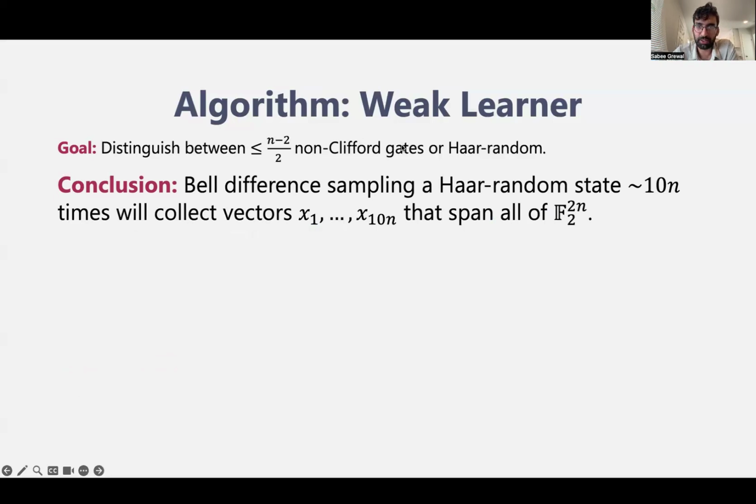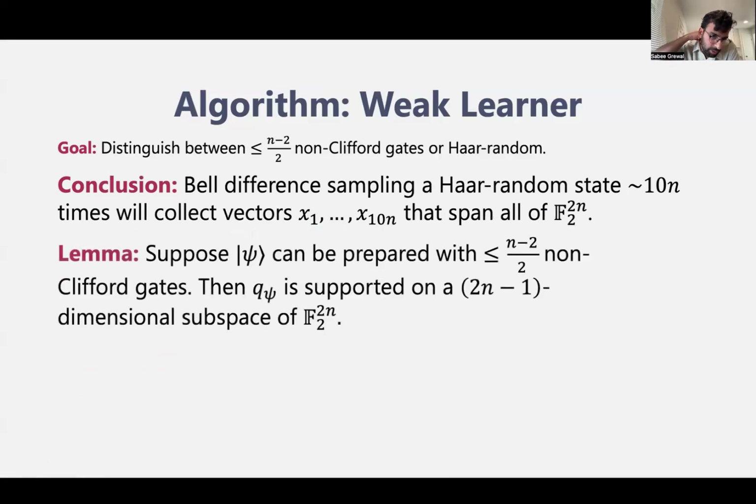Okay, so here's our conclusion. Our samples will span all of F_2^{2n}. And on the other hand, we're also able to prove that if psi is prepared with (n-2)/2 non-Clifford gates, then Q psi is actually supported on a (2n-1)-dimensional subspace of F_2^{2n}. Meaning if we Bell difference sample a state psi like this, the dimension of the span of the samples will never exceed 2n-1.